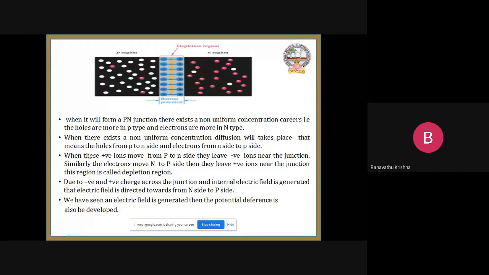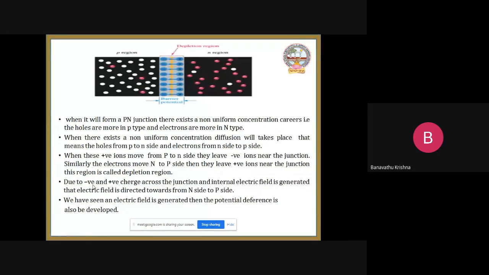That means holes move from the p side to the n side and electrons from the n side to the p side, as majority charge carriers. When the holes move from the p side to the n side, they leave negative ions near the junction. Similarly, the electrons move from the n side to the p side and leave positive ions near the junction. This region is called the depletion region.